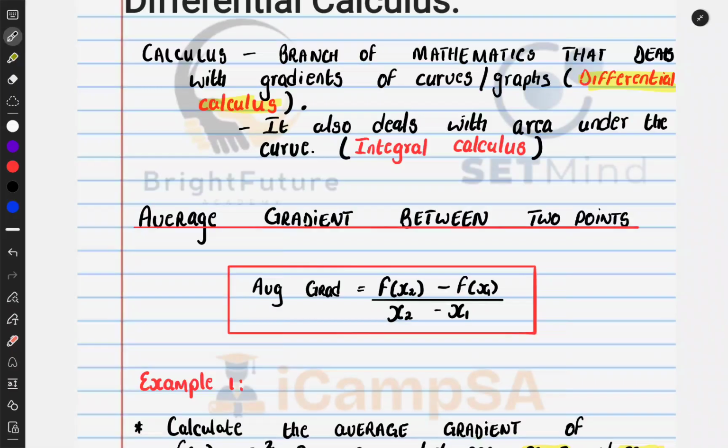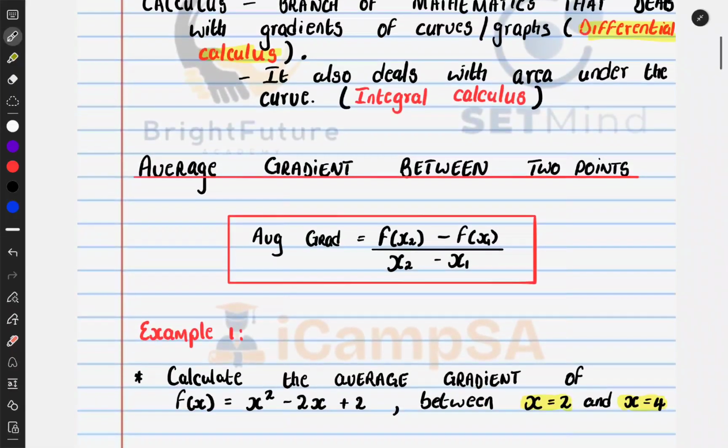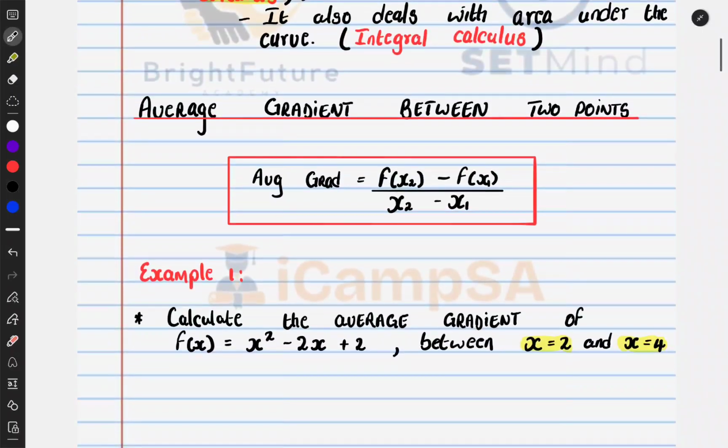From the function, we generally have the average gradient between 2 points, which is basically the difference of the height over the difference of the run. And this is the formula that we use to calculate the average gradient. You may be familiar with it as maybe m is equal to y2 minus y1 over x2 minus x1.